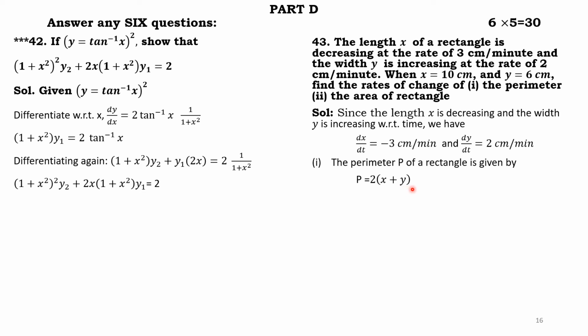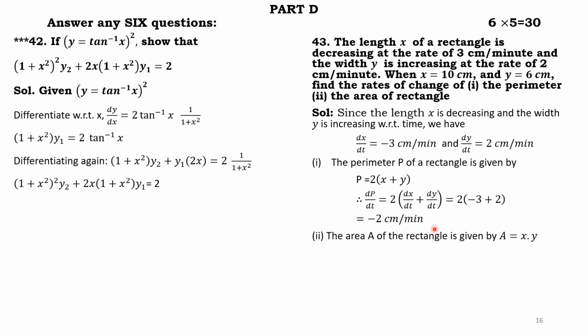Therefore, dP by dt is equal to 2 times (dx by dt plus dy by dt). Given dx by dt is minus 3 and dy by dt is plus 2. Therefore, dP by dt is equal to minus 2 centimeters per minute. So the perimeter is decreasing at 2 centimeters per minute.